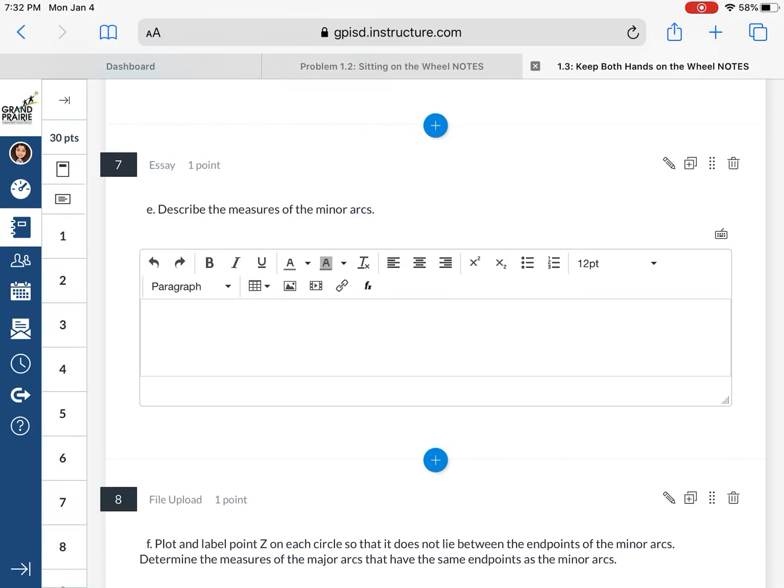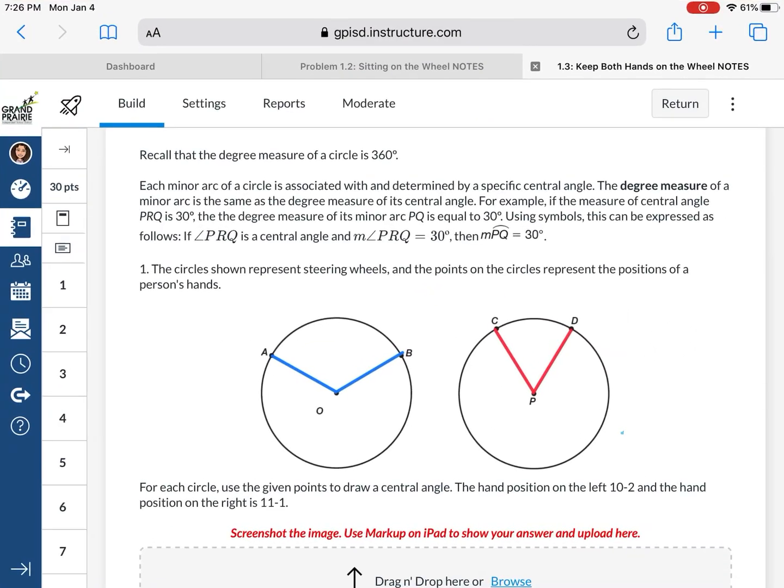All right, last two for this one. We have: describe the measures of the minor arcs. So more descriptions, just think through. This is all about thinking logically. How can we describe the measures of these arcs? What do we notice? Well, back in the day, we learned a special word called the perimeter.